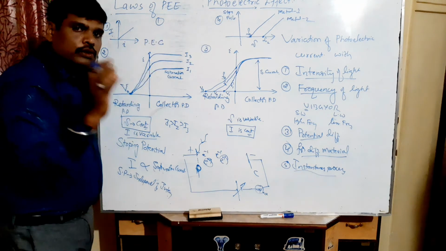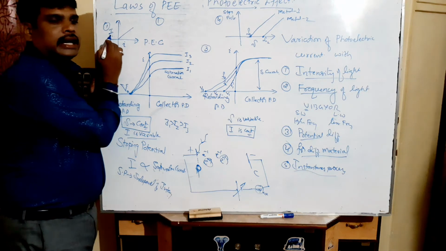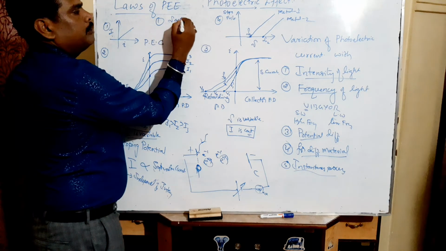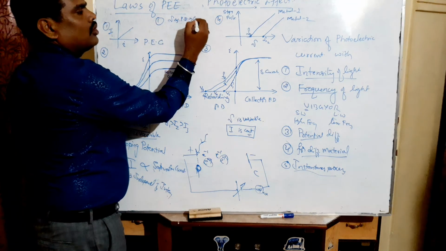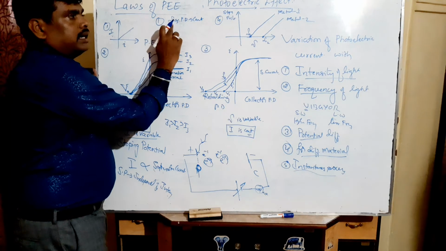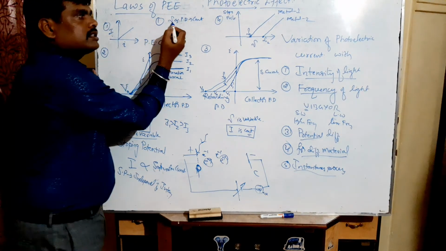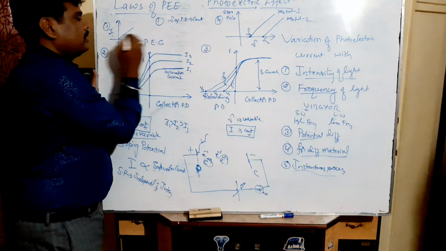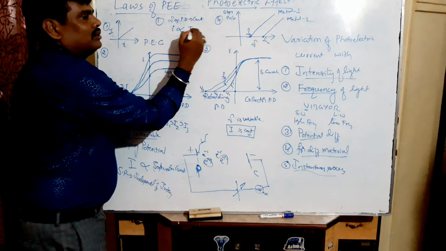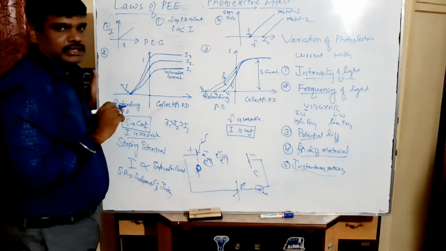For the given photosensitive material, at constant frequency and constant potential difference, the photoelectric current is directly proportional to intensity. Clear now? This is the first law of photoelectric effect.